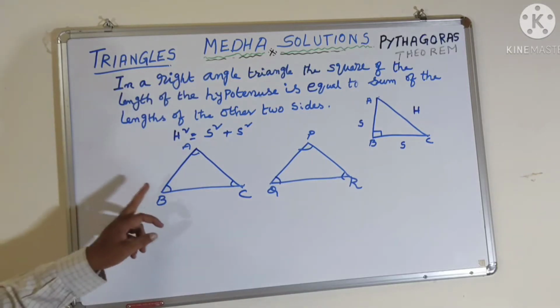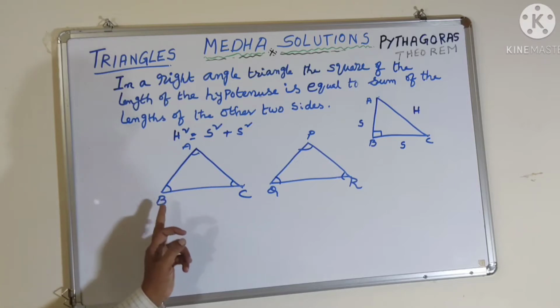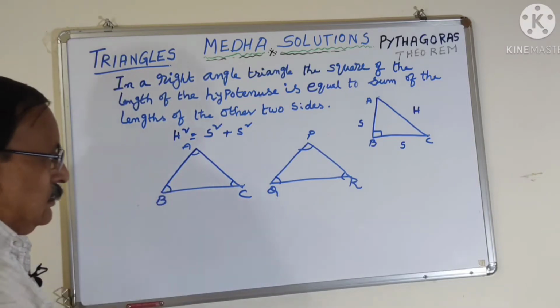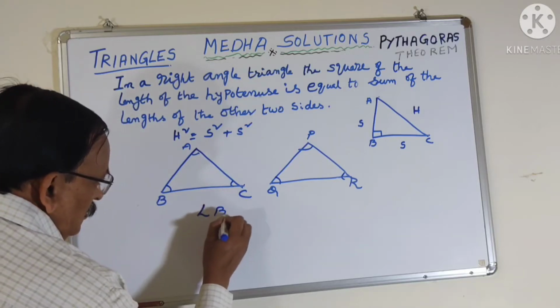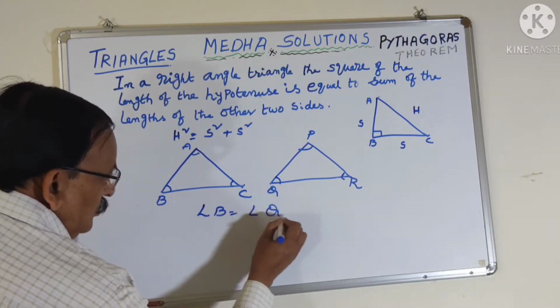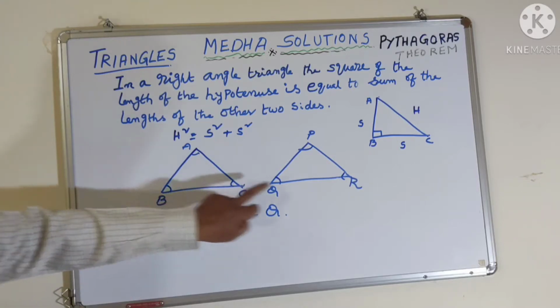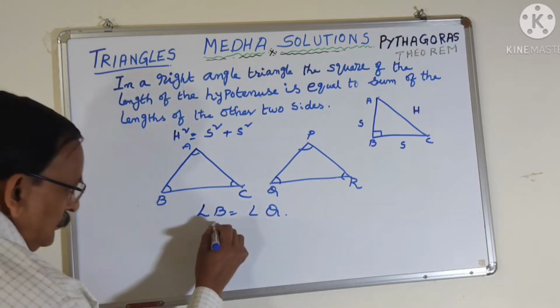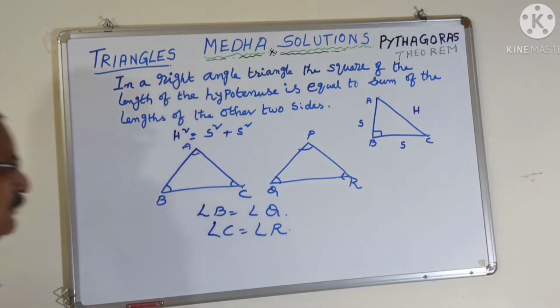See, if in these two triangles, one angle, angle B, is equal to angle Q, and one more angle, angle C, is equal to angle R, ultimately the third angle is also equal.